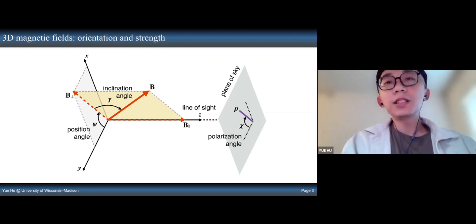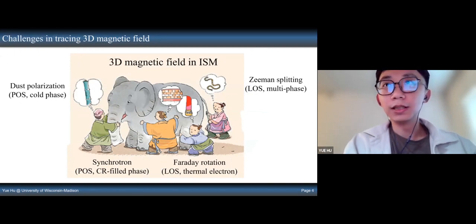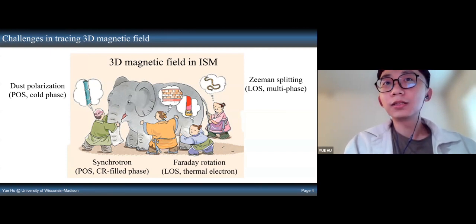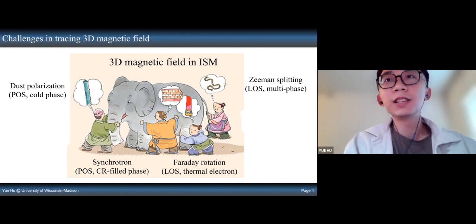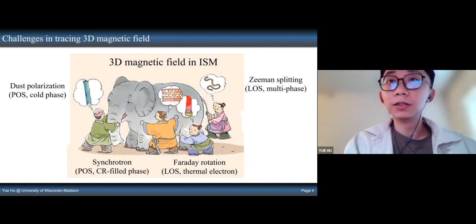The three-dimensional magnetic field is necessary, but it's very challenging to trace in the ISM or in star-forming regions. Like the cartoon shows here, suppose the elephant is the three-dimensional magnetic field. We have different methods to measure the magnetic field, like dust polarization, synchrotron polarization, Faraday rotation, or Zeeman splitting. But each of them traces different parts or different phases of the magnetic field.